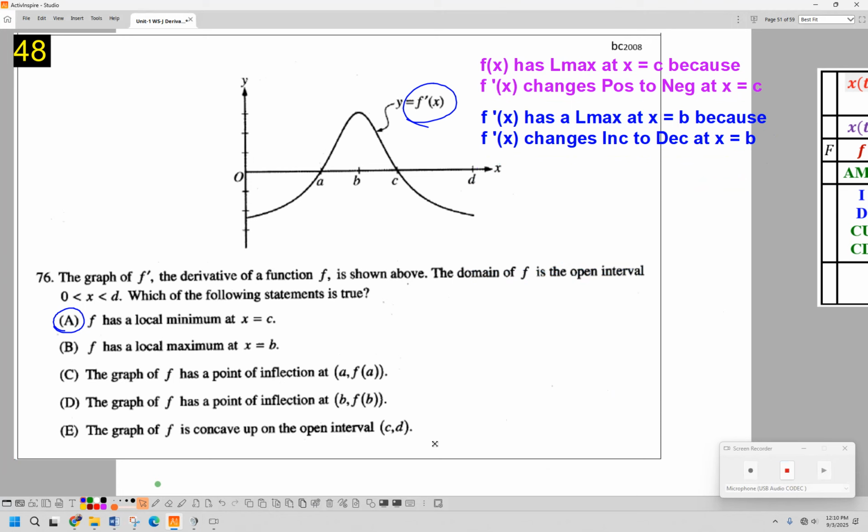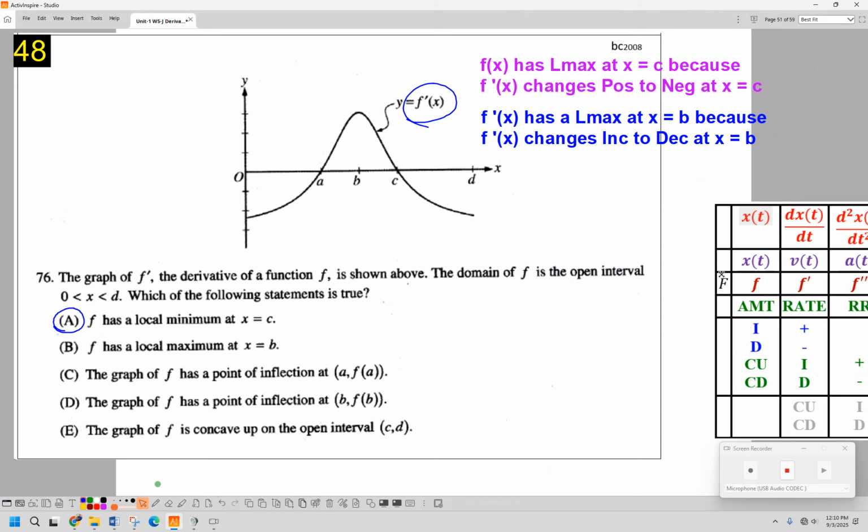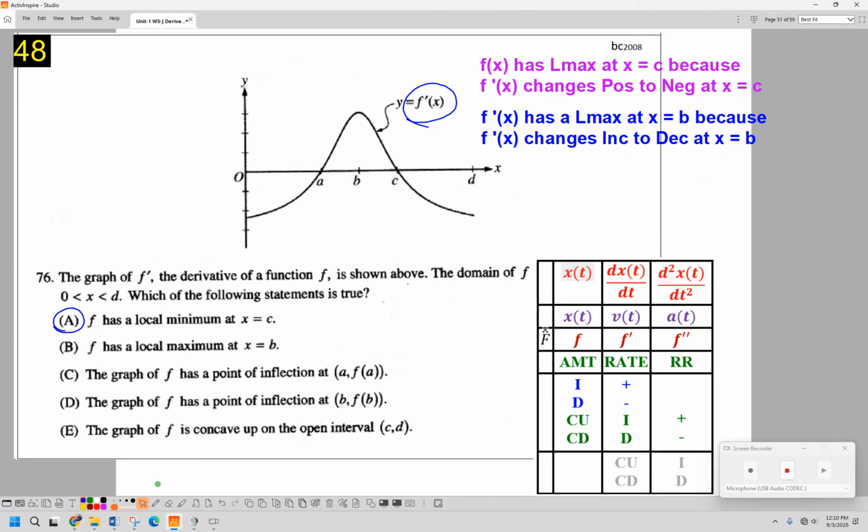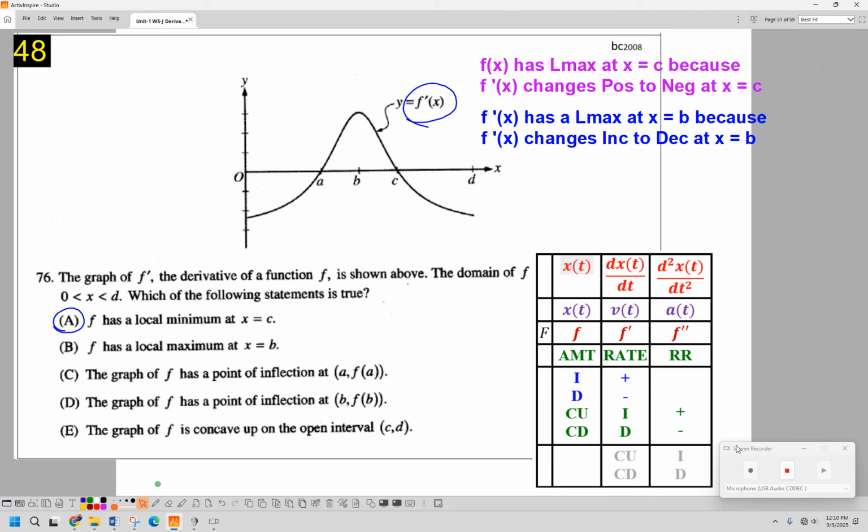I think it's because that would be the point where it changes from a negative slope to a positive slope, which means it would change direction. This would be a point of inflection.